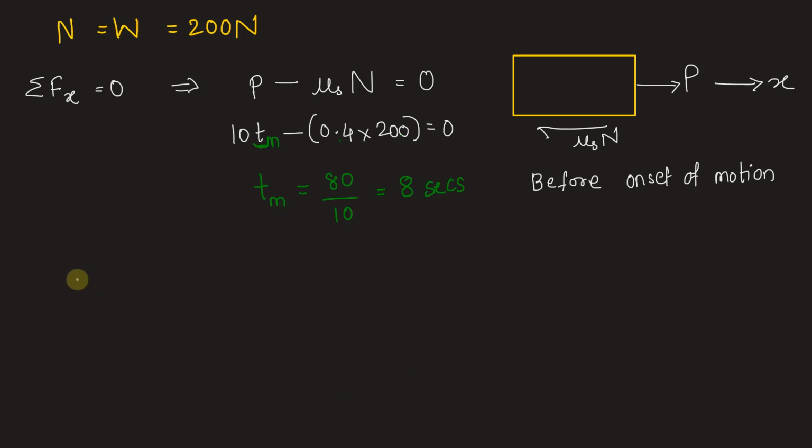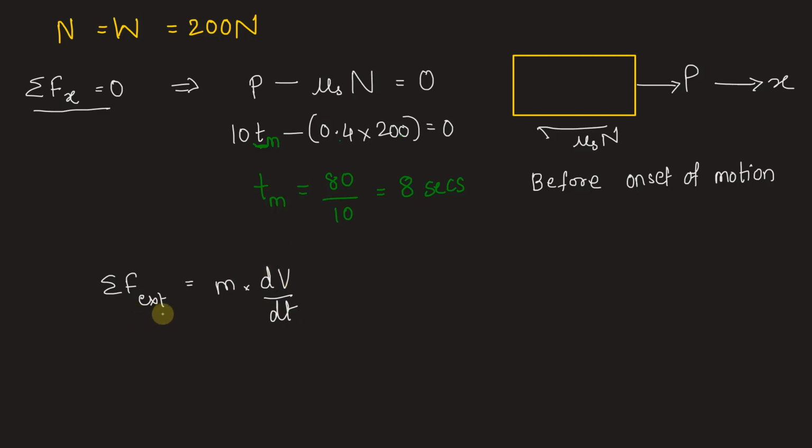So when there is motion of the block, we cannot use static equilibrium equation. We will have to use Newton's second law, that is equation of motion. Summation of all external forces is equal to mass into acceleration, dv by dt. The right hand side is nothing but change in momentum.